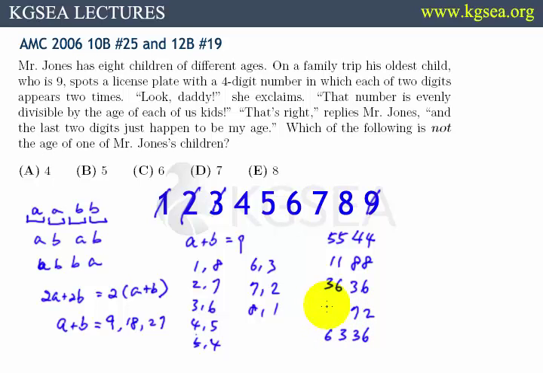Okay, how about 72? I could have had 72, or I could still have 72 and have 2 7 like that. Okay. Any other? Here's one that I didn't put down. It's 9 and 0, or 0 and 9. So I could have 00. Haha. That means it was 99. Okay.